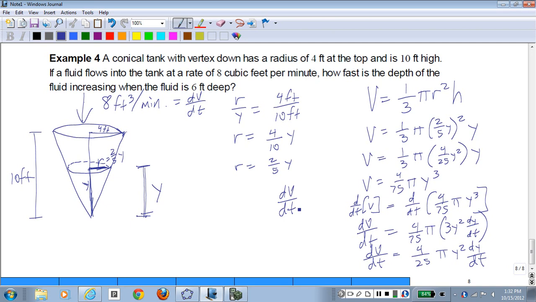I'm going to multiply both sides by 25 over 4 pi y squared.